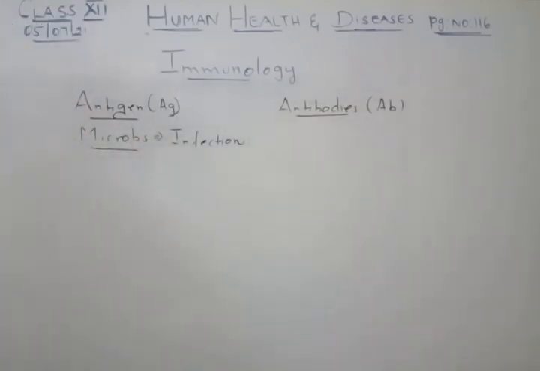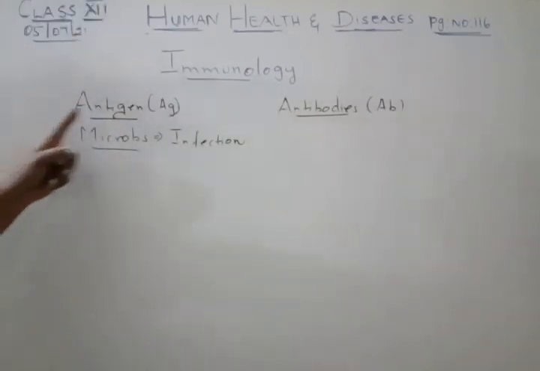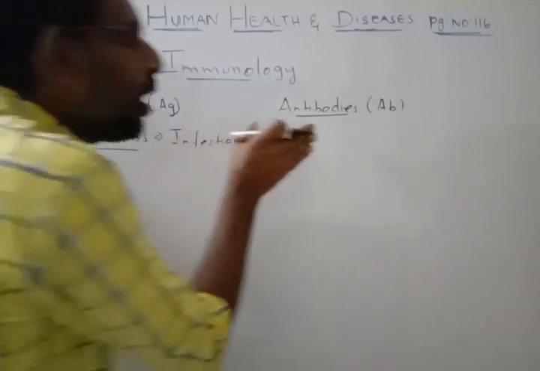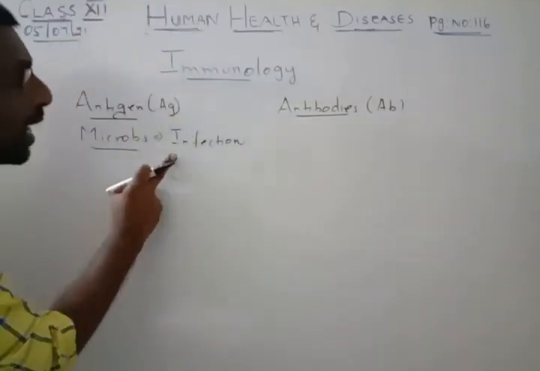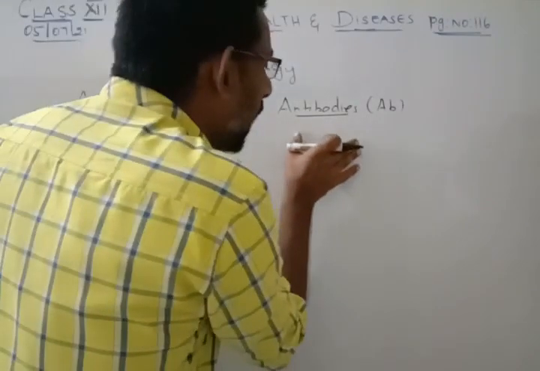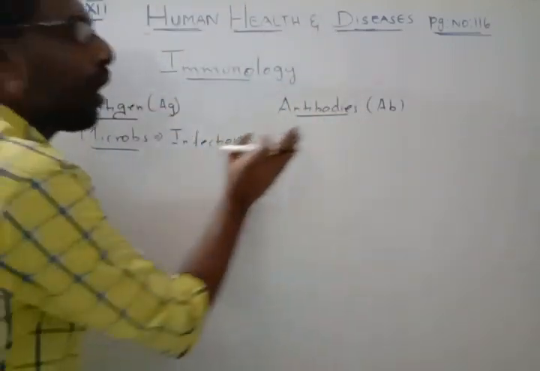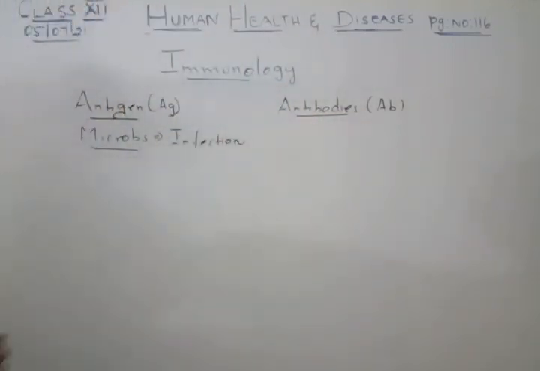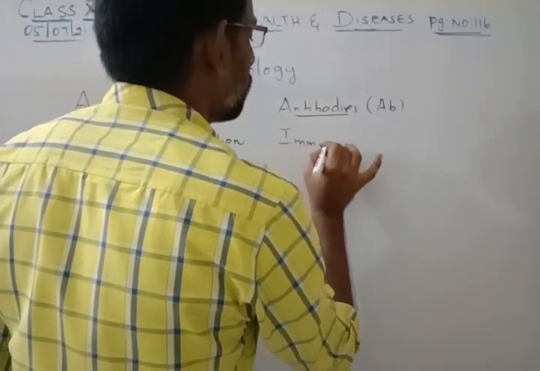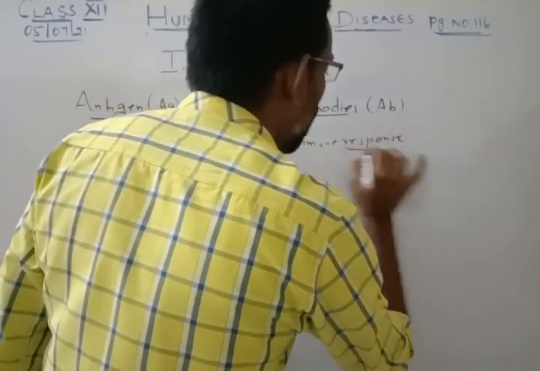Okay. Now whenever the antigen enters the body, your body will start fighting against it. The body that is fighting these antigens produces antibodies. We also call it the immune response. So what is a response?